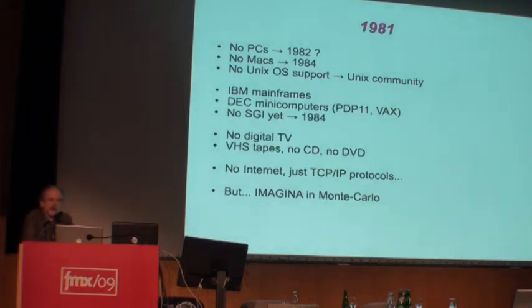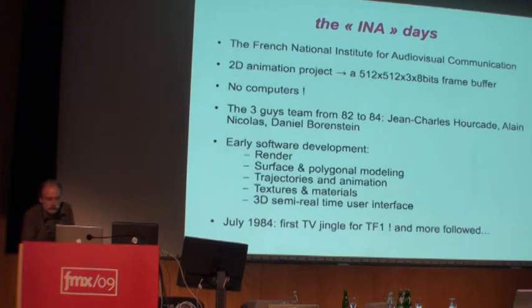And it was fascinating. For young guys like me, it was really a revelation. And I was thinking, typical French, well, if they can do it, I can do it. Okay? And we started that way.